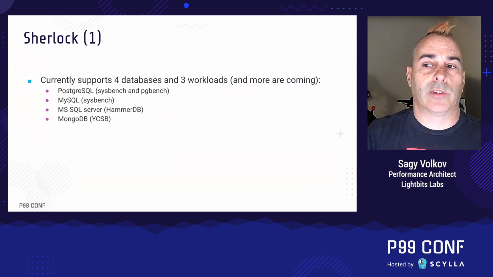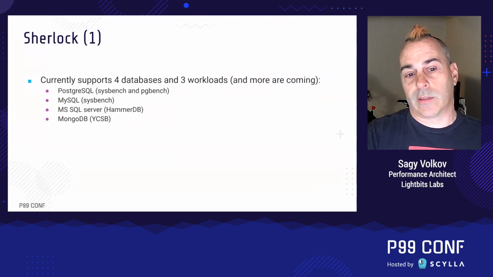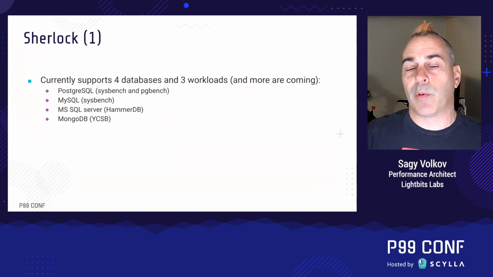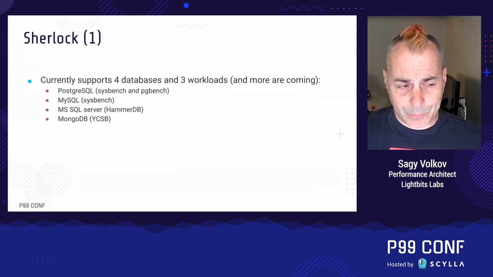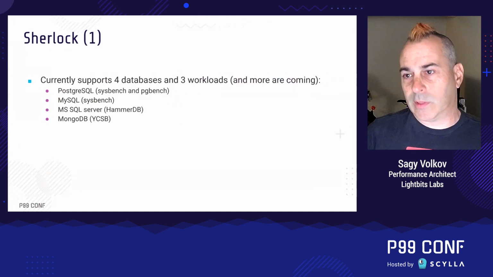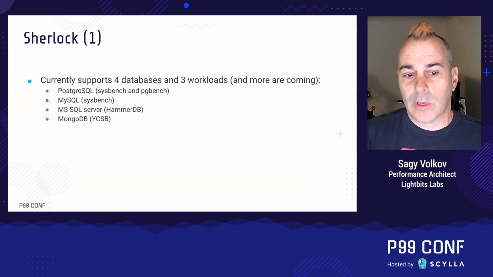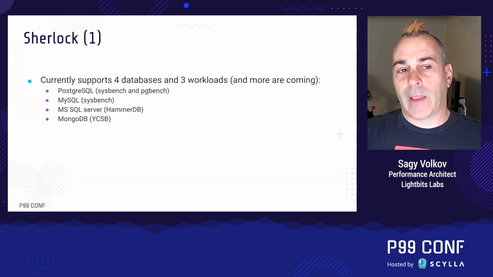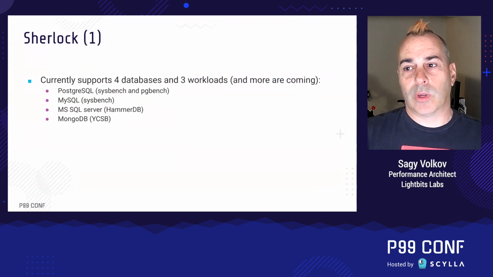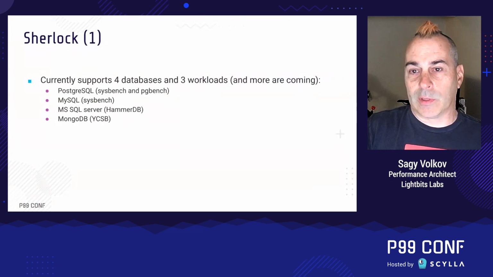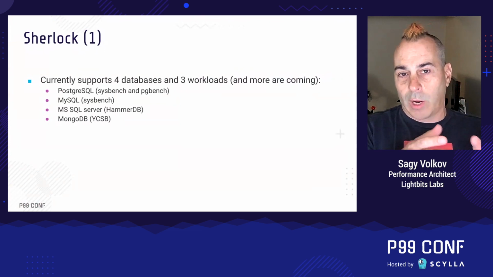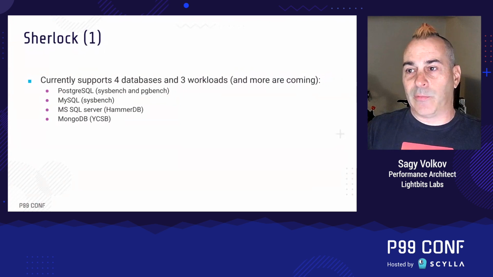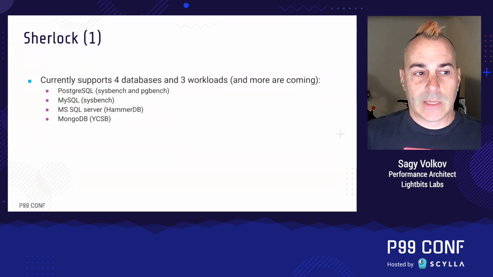Right now, the way Sherlock is designed is for you to test only one of these types of databases at the same time. So 100 Postgres database pods or 20 SQL Server pods or something like that. It is easier to test any performance, definitely storage, if you isolate it into a specific workload or a specific database.